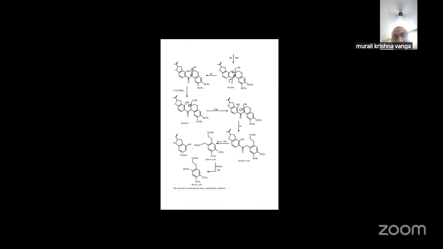So next, this is the synthesis involved in the rotenone structure.